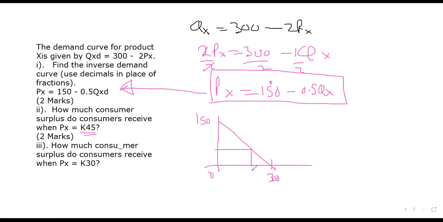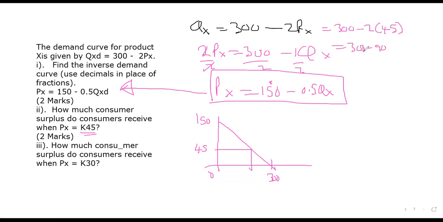So we go here, we put 45. When we put a 45 here, or there's P, you put a 45 here. So we're going to have 300 minus 2 times 45. 45 is 90. So 300 minus 90, what do you get?